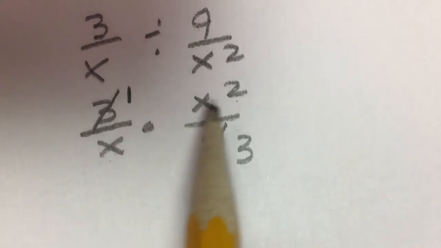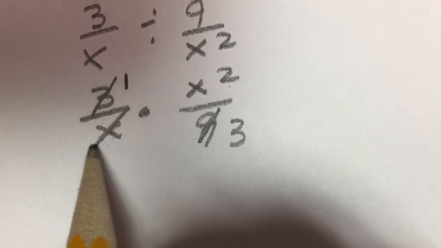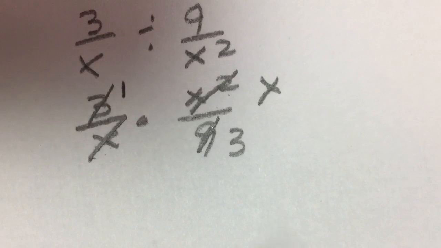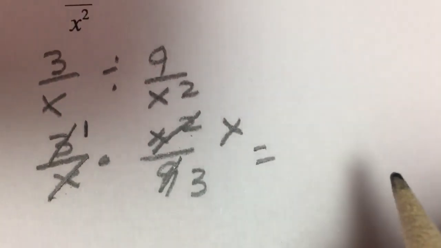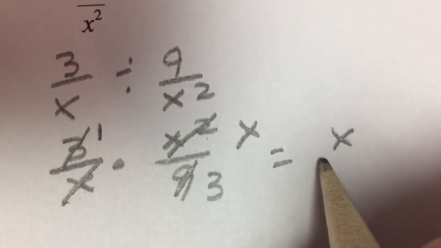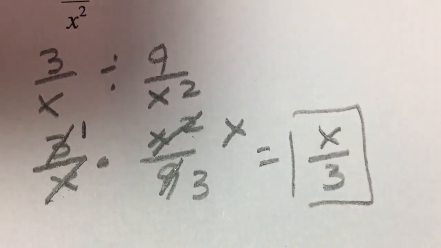There's 1 x on the bottom and 2 on the top. So that means this one's going to cancel out, leaving me with 1 x on the top because the higher exponent is on the top. So if we go ahead and multiply straight across, you can see 1 times x is x over 3. And that is the final answer for that problem.